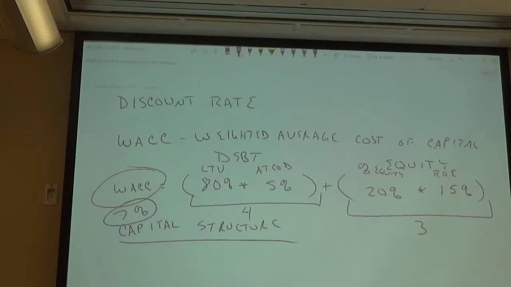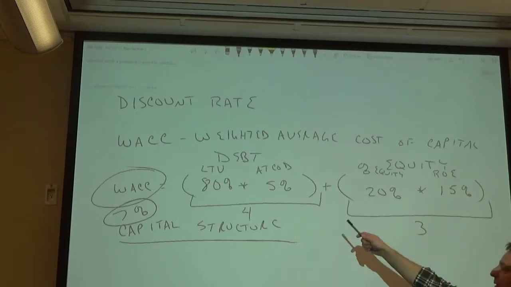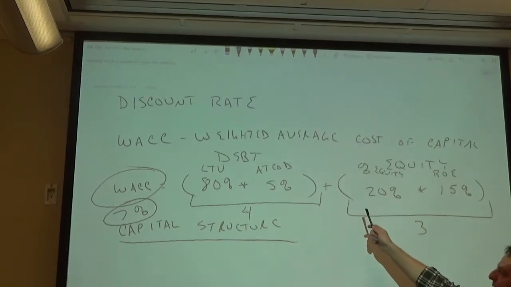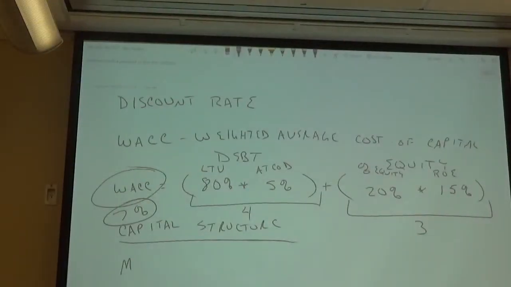Okay. Now, as I said, you can complicate it up quite a bit in terms of adding other sources of capital in the mix. For example, one of the things that you've heard me mention was mezz financing.